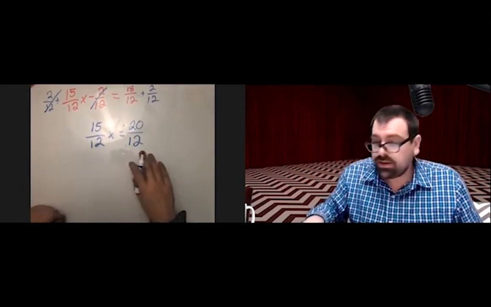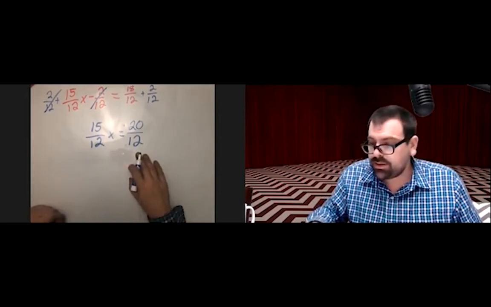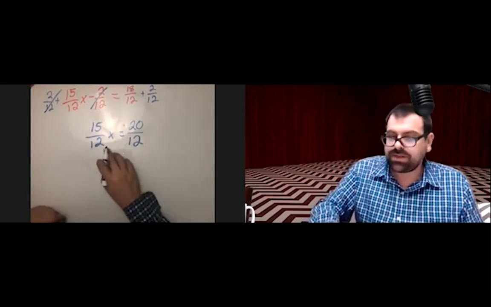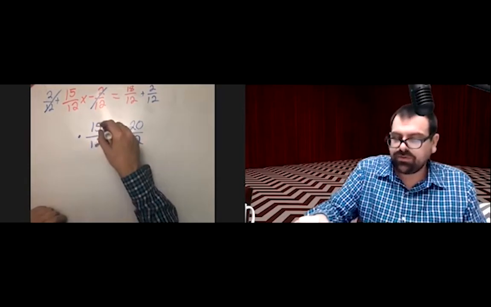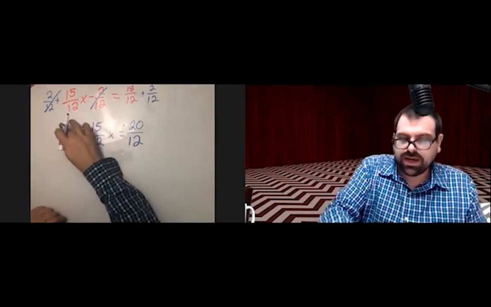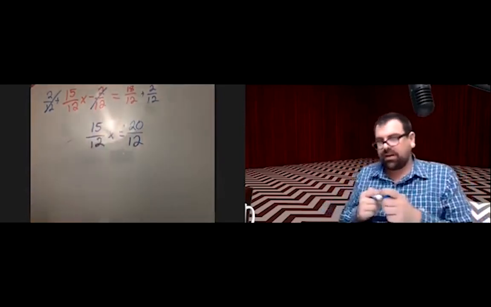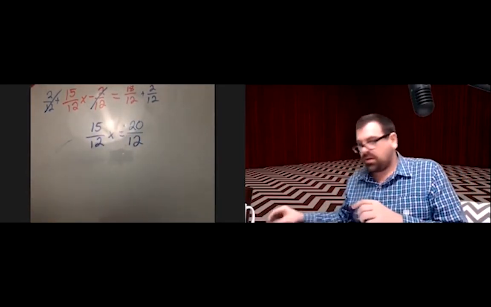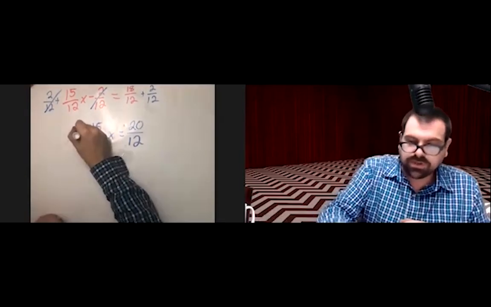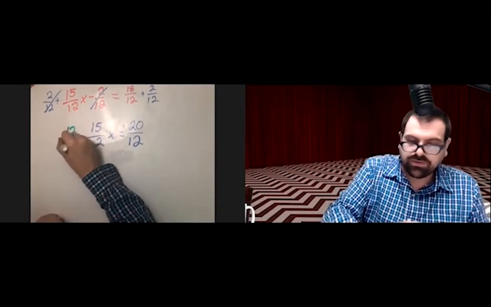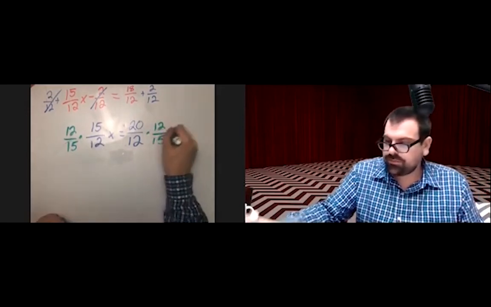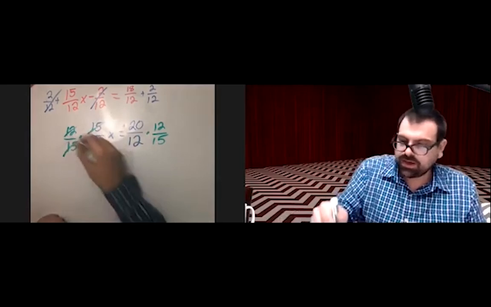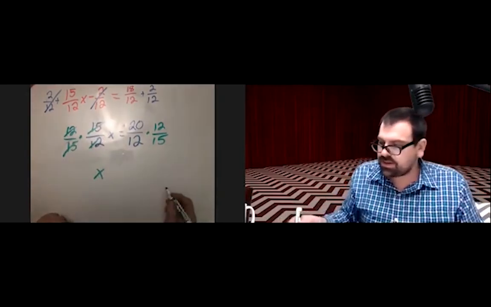We can go ahead and multiply by the reciprocal to get the x by itself. To get rid of 15/12, we would have, I'm going to use a different color again. We'll multiply by 12/15, because that'll get rid of everything here and just leave us with x.